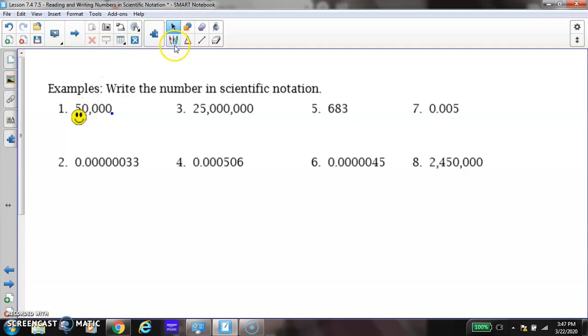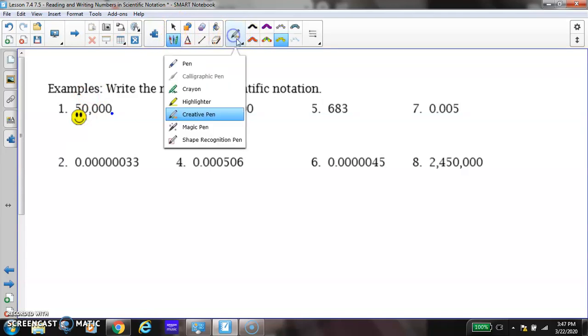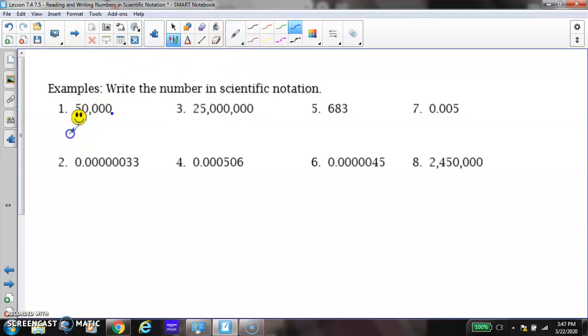So to write this properly in scientific notation, I'm going to make sure that first number is a number between 1 and 10, and get rid of all the zeros, because that's the whole point of scientific notation. So, shorthand way of writing this: you can either leave this as a factor of 5, or you can make it 5.0. We still have that factor that's between 1 and 10.